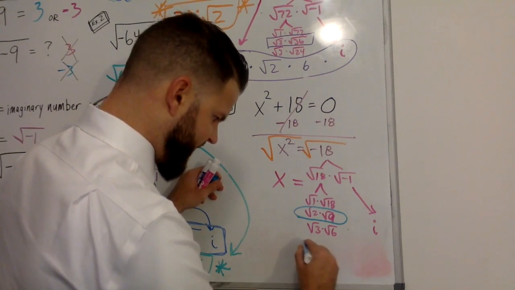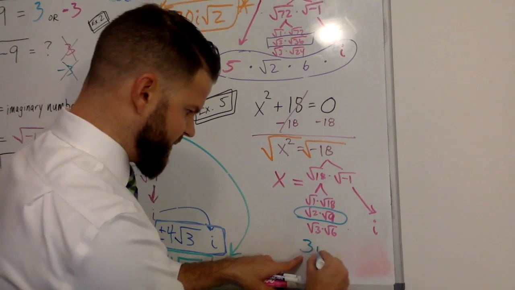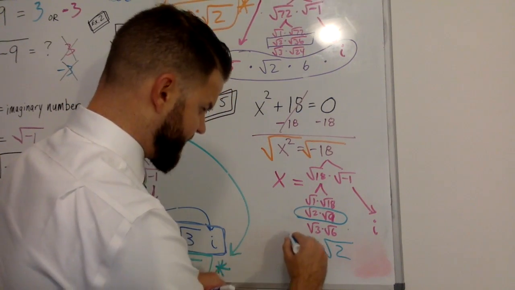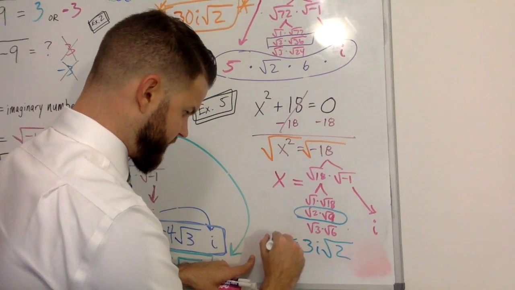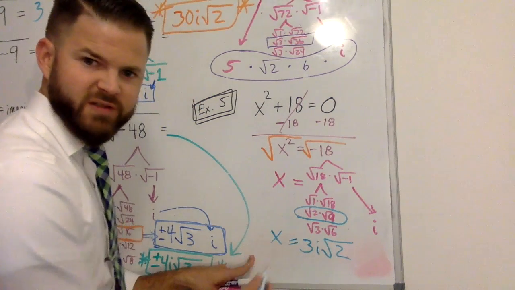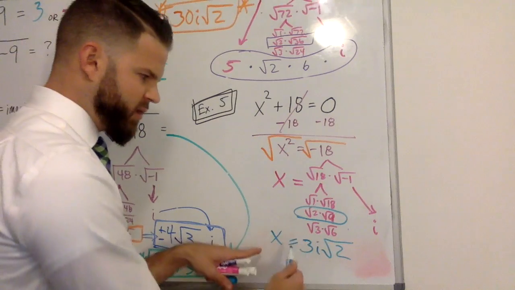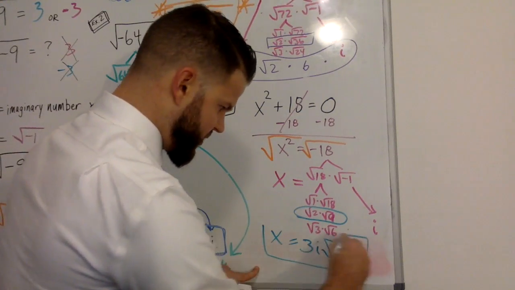So it looks like I got a 3 out of this guy. Looks like I got my i, then I got my radical at the very end. So here, since I'm actually solving an equation, my answer is going to be x equals this simplified version over here.